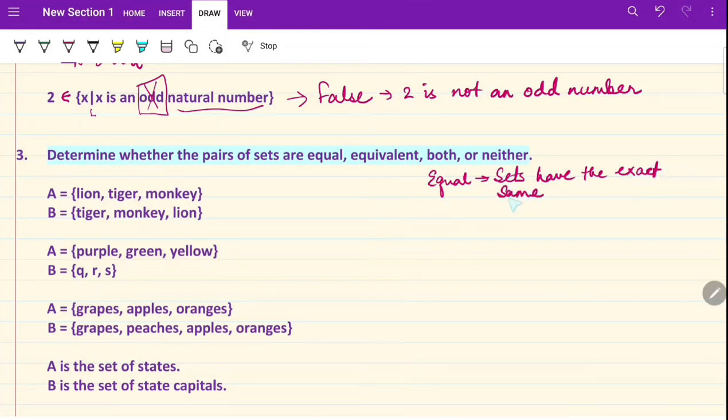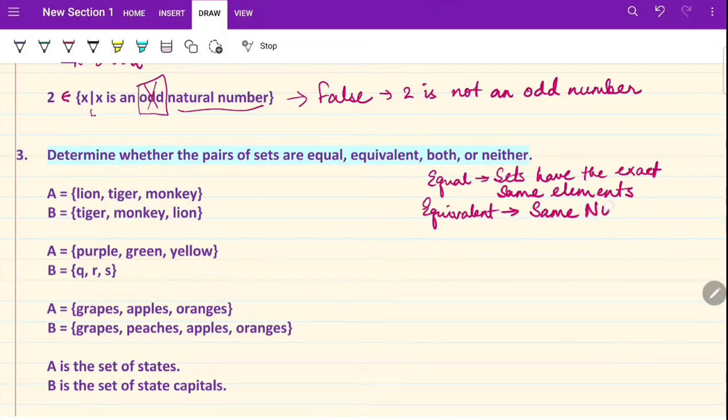That's what makes sets equal. Exact same elements. They may not be in the same order, but they have to have exactly the same values for the elements. Equivalent means they have the same number of elements.